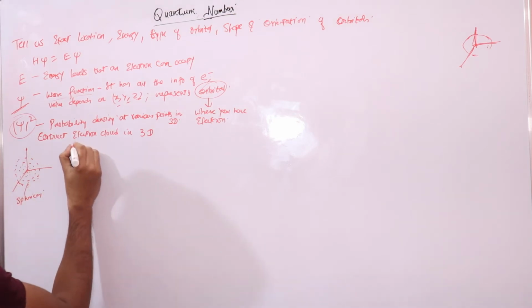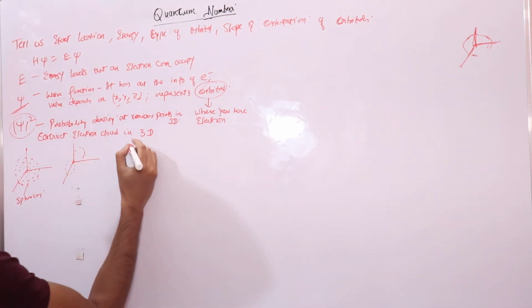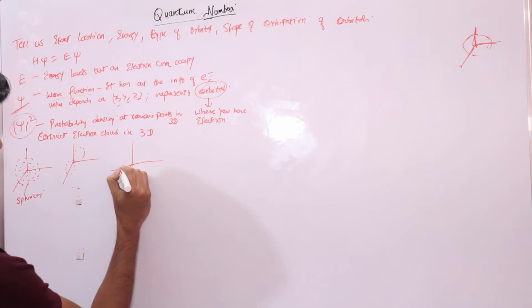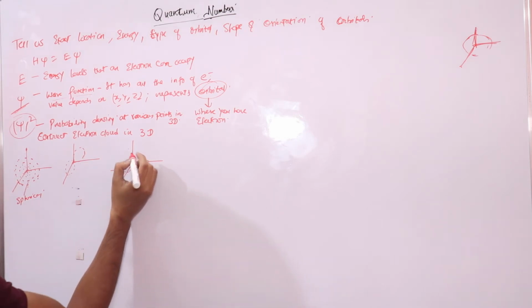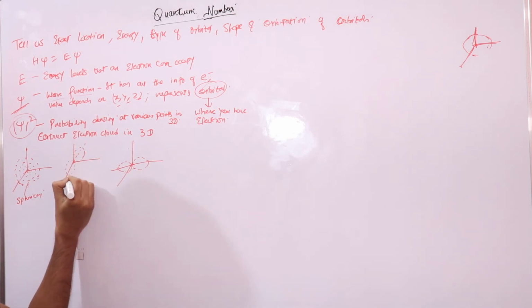right? Similarly, you may find a region like this, where the probability of finding an electron is maximum, right? And you may find it like this also, right? This is in the x-axis, this is your z-axis, right?